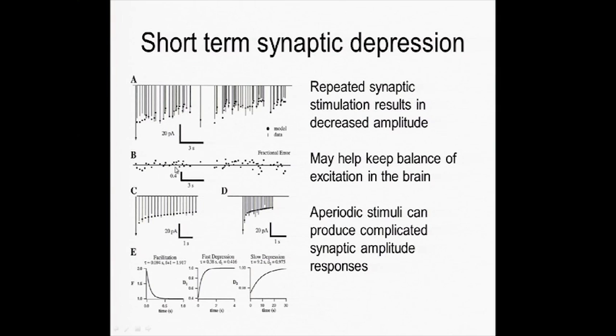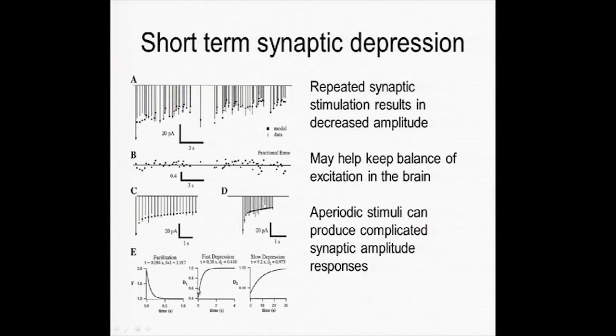That model shows that, say time 0 is just after the neuron has received its first input, and this is the time of the second input. Just after the first input, you double the probability of synaptic release, and then it drops back down to 1 with some kind of time constant.